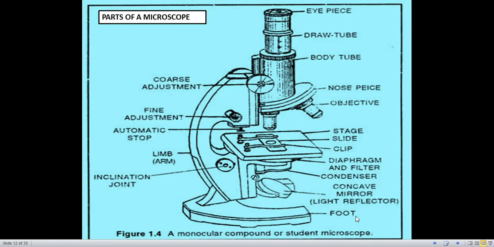Now, what are the parts of a microscope? In your textbook, they have given a picture of the compound light microscope. Now, go through this. You can see the eyepiece is here, the body tube. This is called the body tube, and this part is called the nose piece.